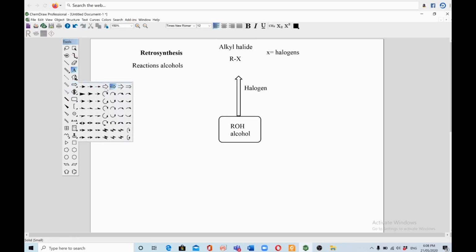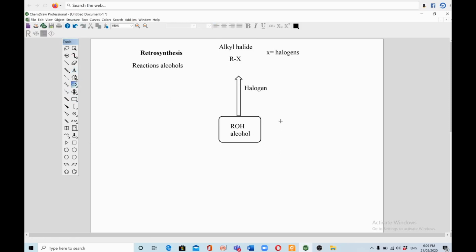Okay, and then the next reaction that alcohols can undergo is oxidation reaction. So basically you could use a variety of oxidizing agents available in the literature for oxidizing alcohols. You can use any oxidation reagent for the oxidation reaction, and this will give you either aldehyde or ketone depending upon the nature of the alcohol you are using.